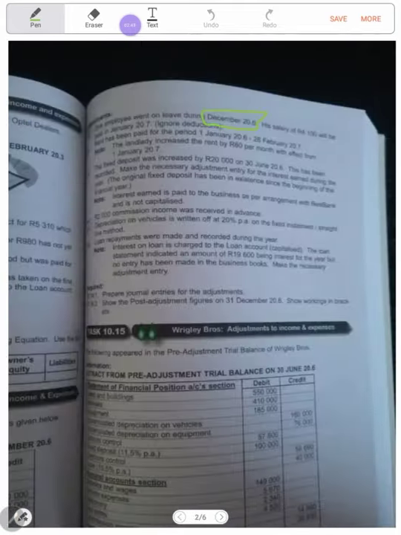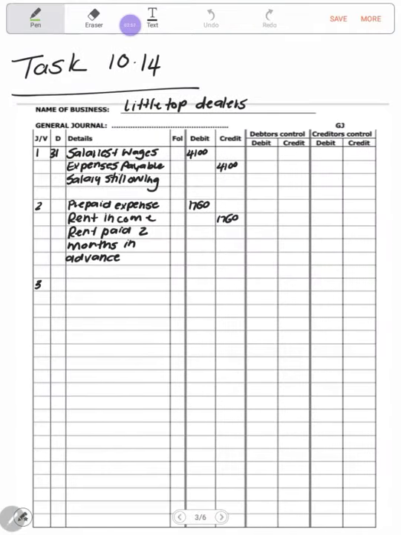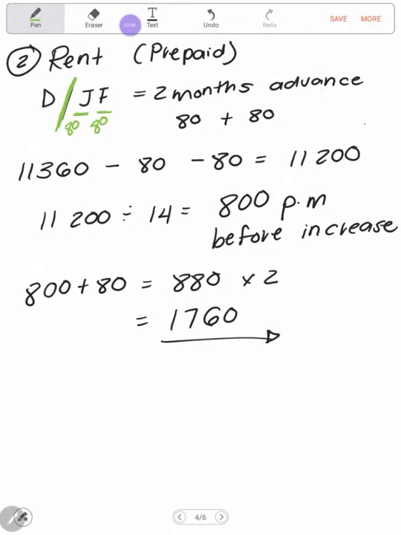So looking at our trial balance, the rent expense was 11,360. So remember, you first have to subtract the increase in order to basically work out what was the rent expense per month before the increase took place.